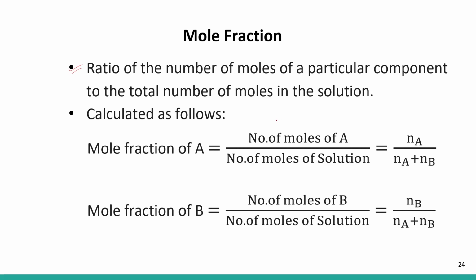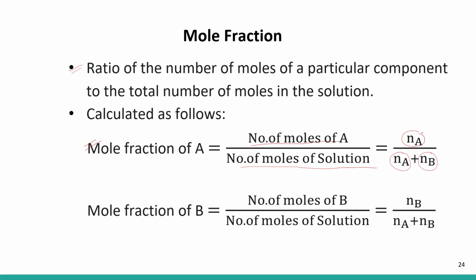So here is the thing. If you want to calculate the mole fraction of A, it will be the number of moles of A divided by the total number of moles of the solution. Na here represents the number of moles of A. Na plus Nb is moles of A plus moles of B. It is a binary solution, meaning two components are present, A and B. We simply add their moles and keep that in the denominator, and in the numerator we take the moles of the component whose mole fraction we are calculating.